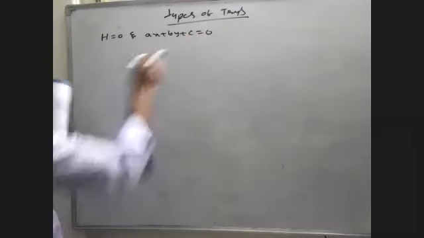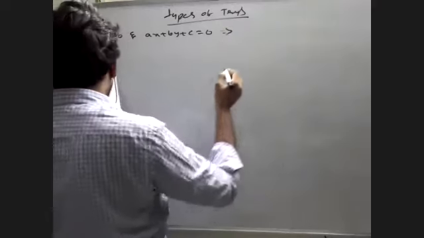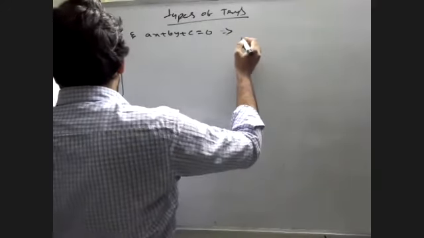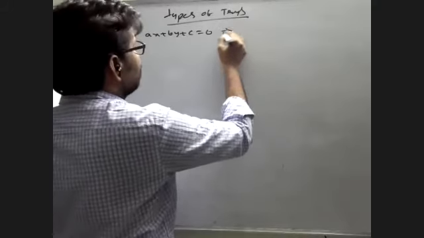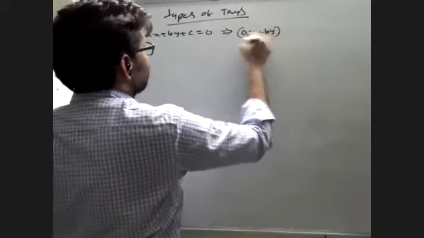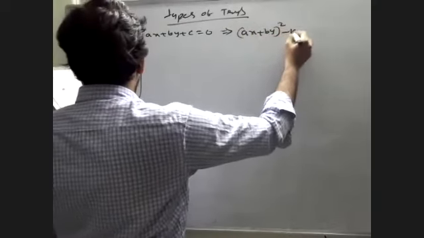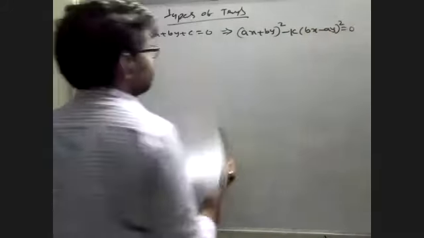One pair of line, one straight line forming a triangle. From these 3 lines we will get a condition, that is, (ax plus by) whole square minus k into (bx minus ay) whole square equal to 0.